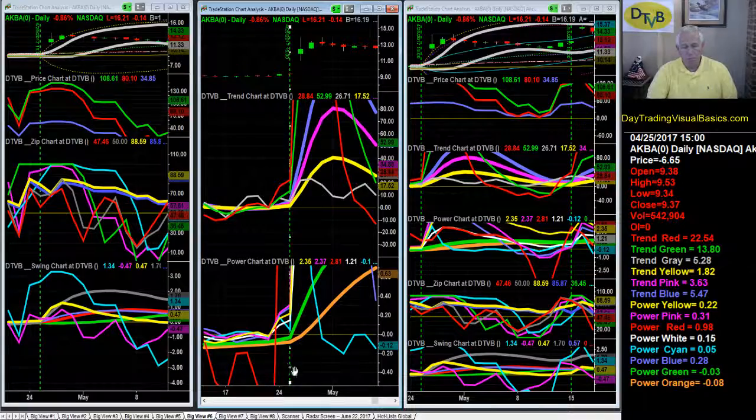If it was below the orange, then the power 4 would be divergent with power Zion, one being up and one being under the power orange lines. So a lot of information there that just depicts what's happening in the way of a gap.